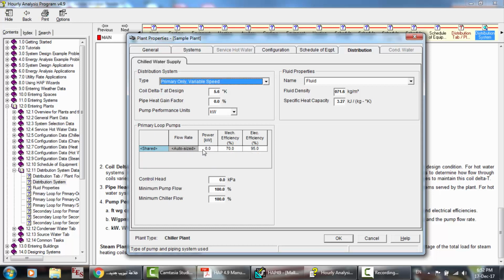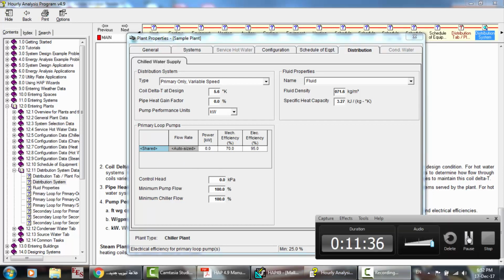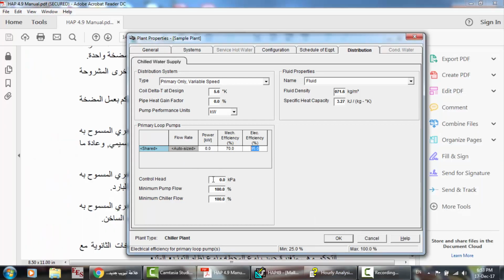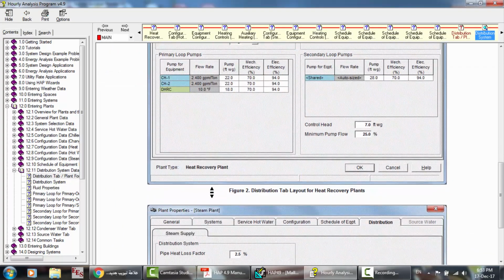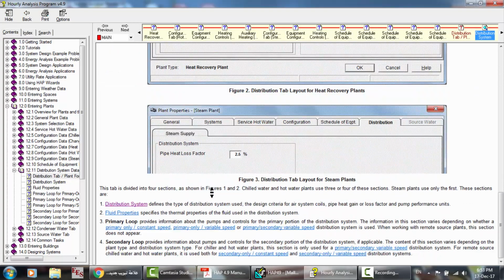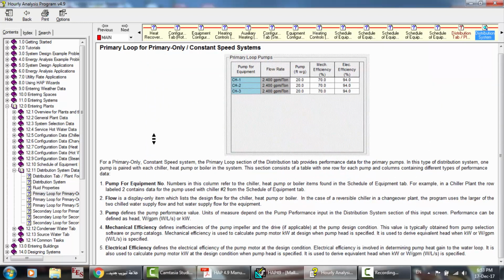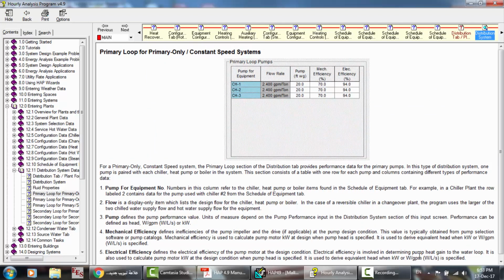You can get shared, and you get the input power and mechanical efficiency for the shared system. Here the control head. You can click F1 to know more, as you see, for the primary loop pump for equipment, and here the mechanical efficiency.